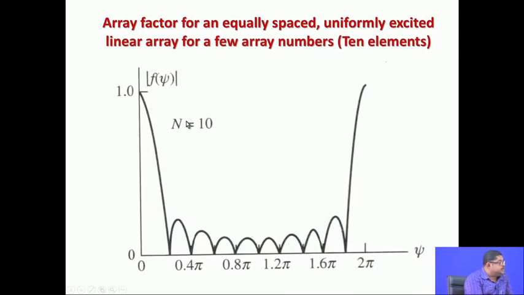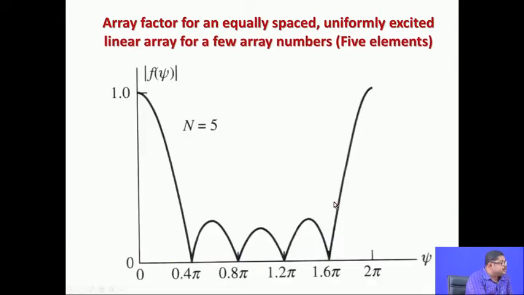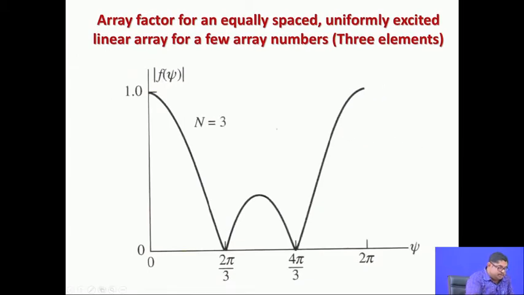If I go to 10 elements, the beam width is reducing further, but you also see that the number of side lobes is increasing. Now, from these 3 graphs we can draw several conclusions.